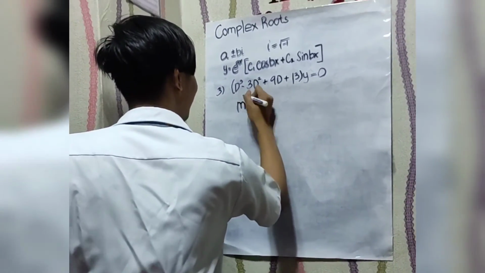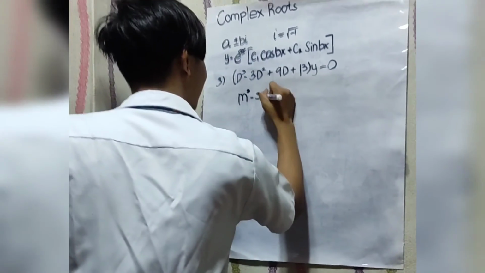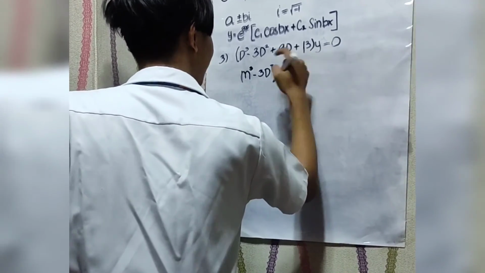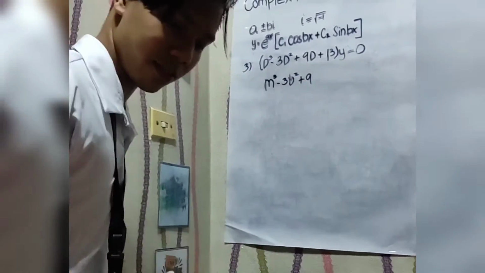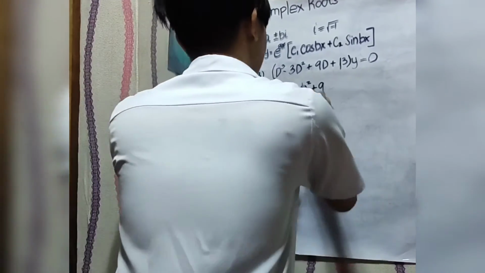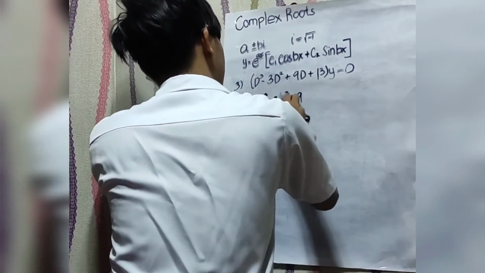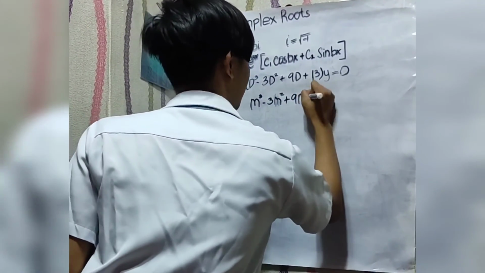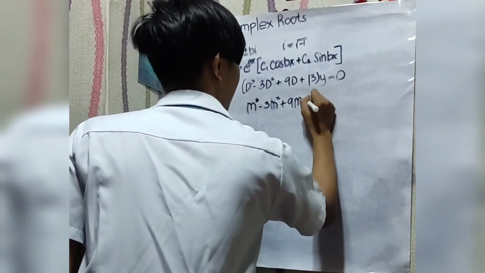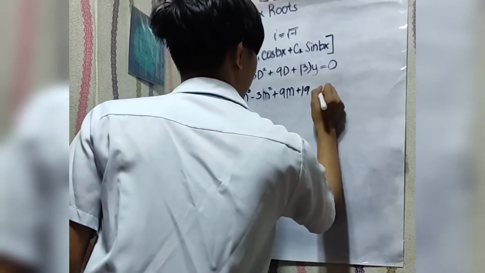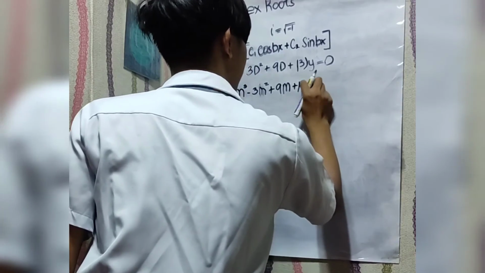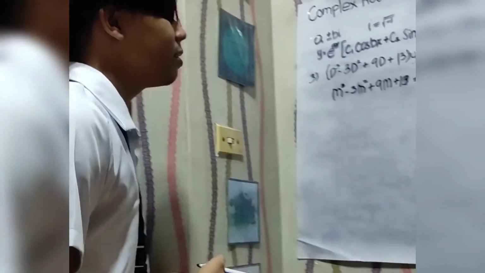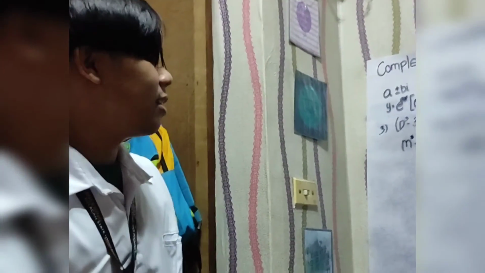M cubed minus 3m squared plus 9m plus 13 equals 0.